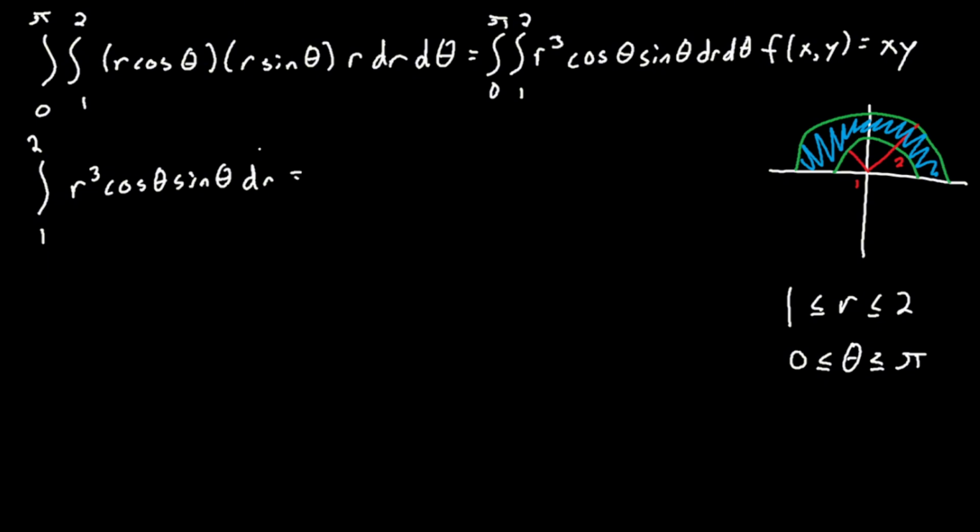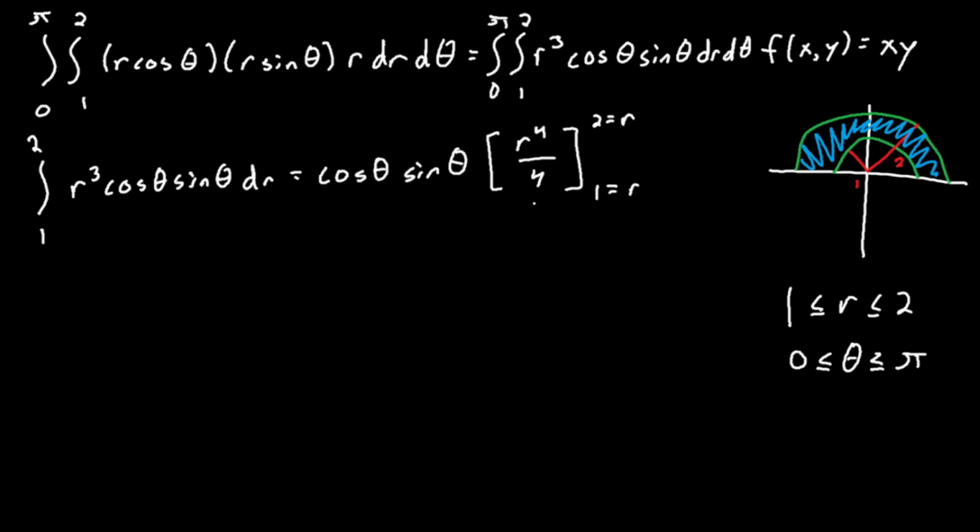But I'm just going to integrate this without that. So what happens is we get cosine theta sine theta of r to the power of 4 over 4, because that's the integral of r cubed, from 2 to 1.